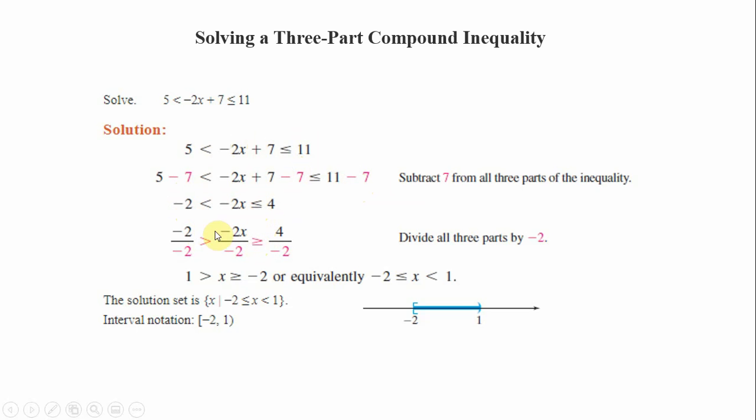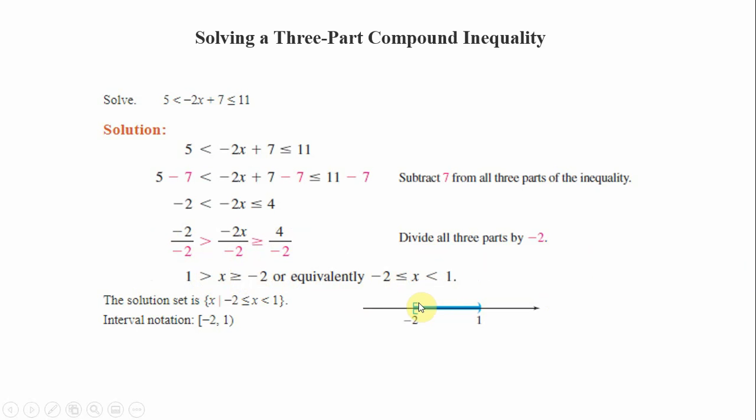Negative 2 divided by negative 2 is 1, there's my x, and this is greater than or equal to negative 2. I like things from left to right, smaller to larger, so I just flip everything but maintain the order relationship. The negative 2 is the small side, the x is the big side, and then x is less than, and there's the 1.